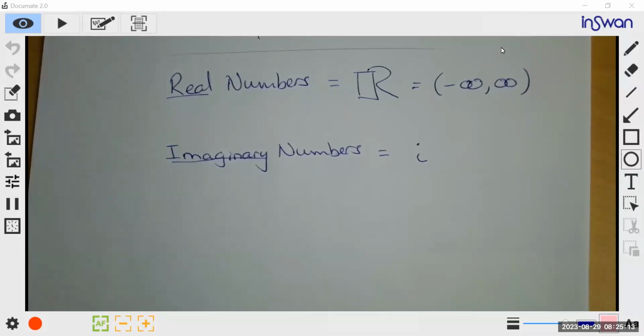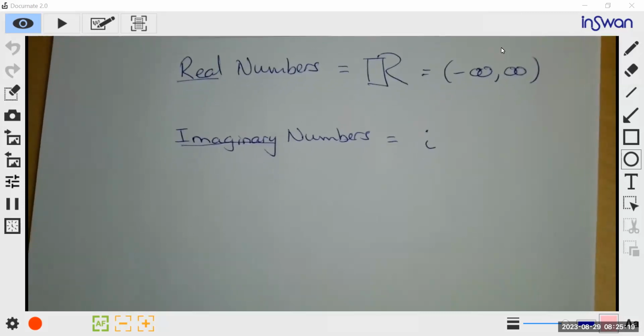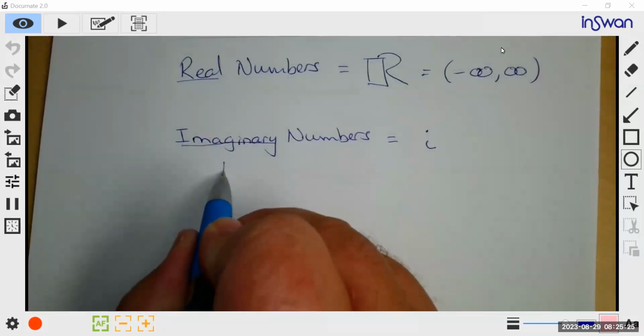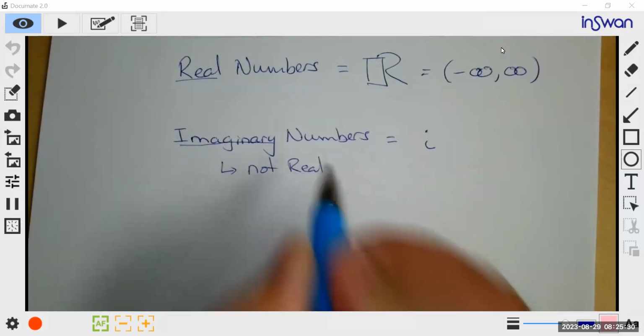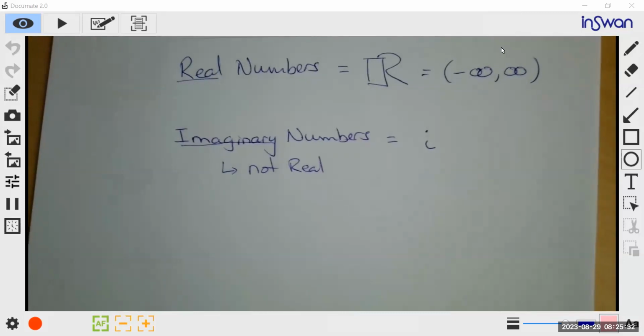And we're going to have a whole section just devoted to imaginary numbers. What's the definition of imaginary numbers? Literally, in every math book you'll see, the definition of imaginary numbers is not a real number.